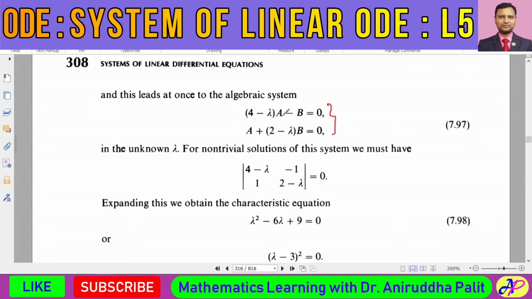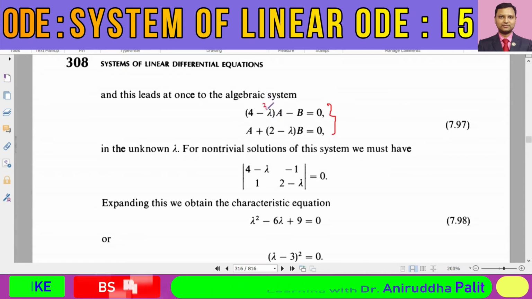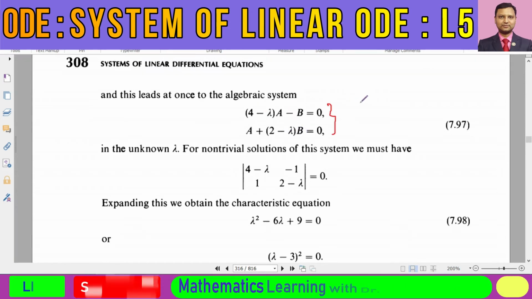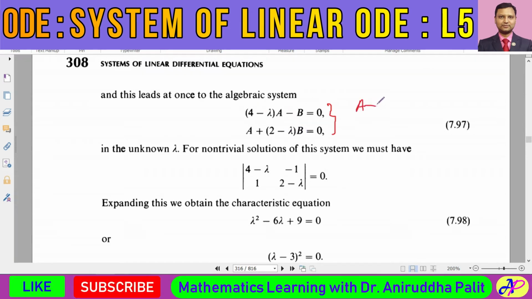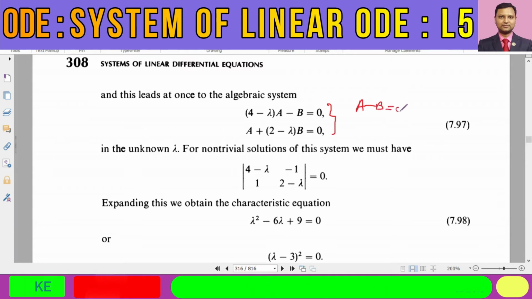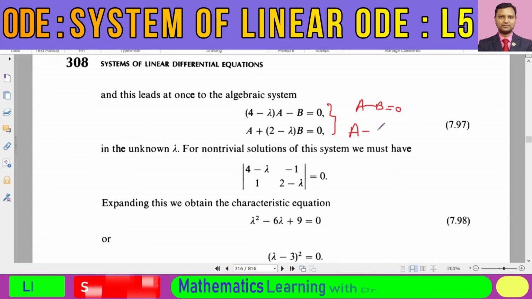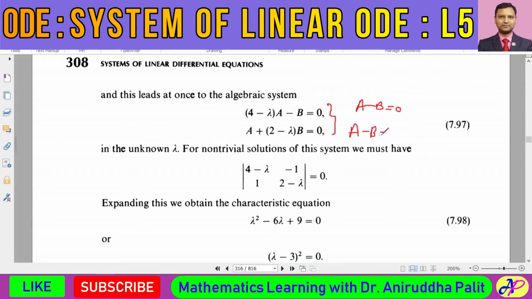If we put lambda equal to 3 over here and 3 over here, in that case we will have over here A minus B is equal to 0, and if we put lambda equal to 3 over here, again we will have A minus B is equal to 0.